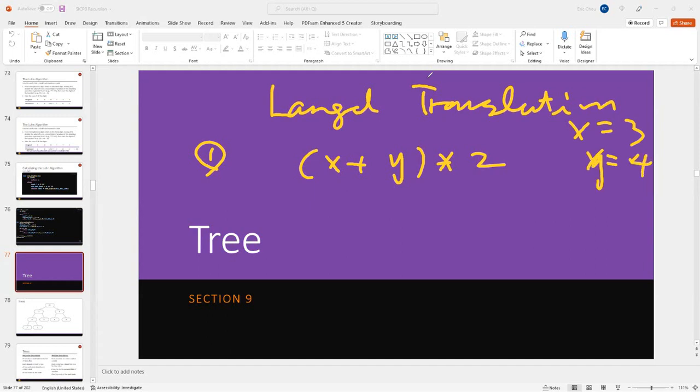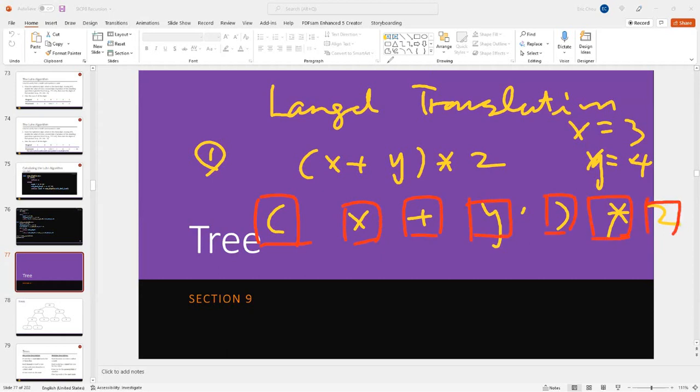The first step is tokenization, so we get this tokenized. In lecture 10, we'll talk about tokenization.